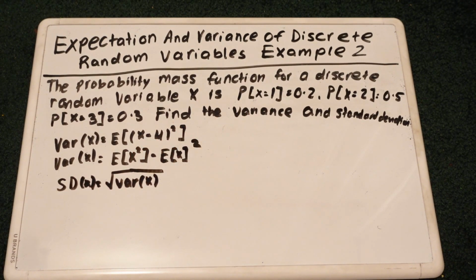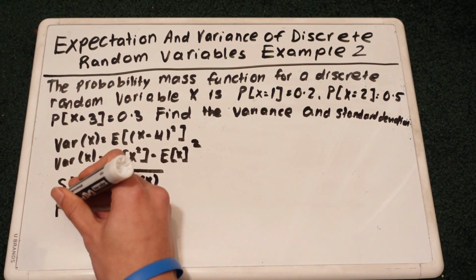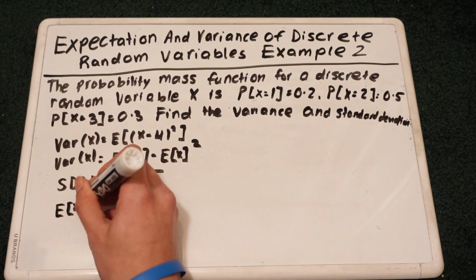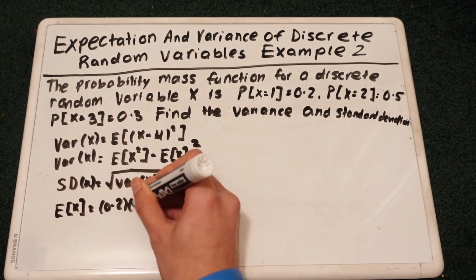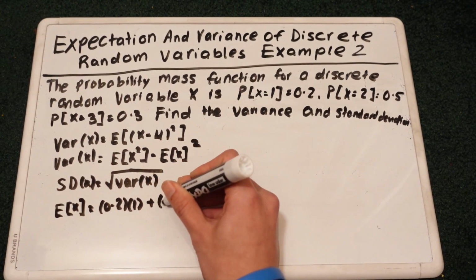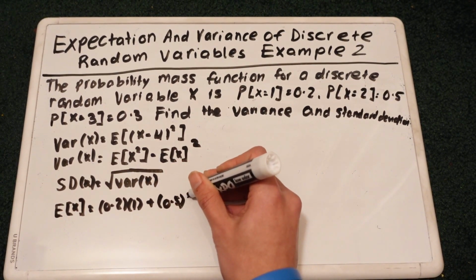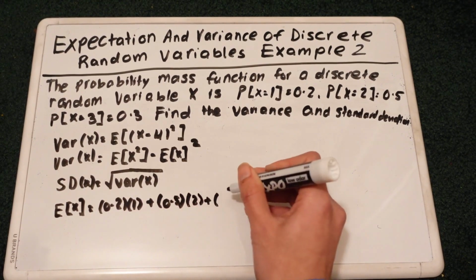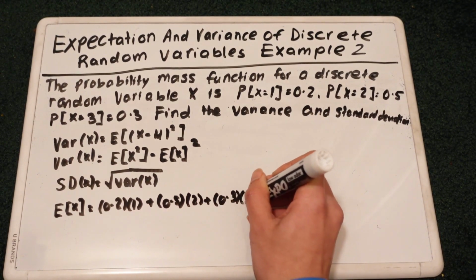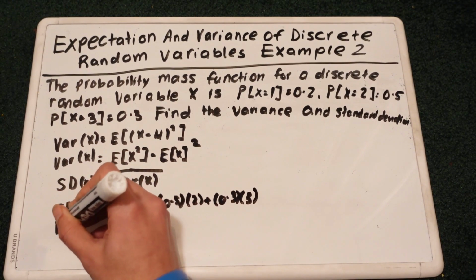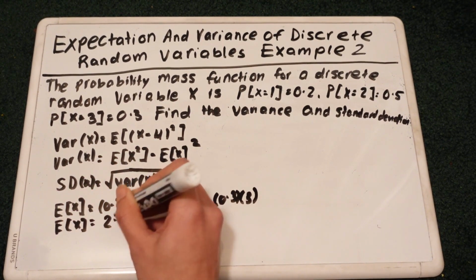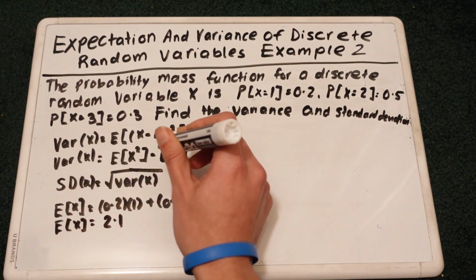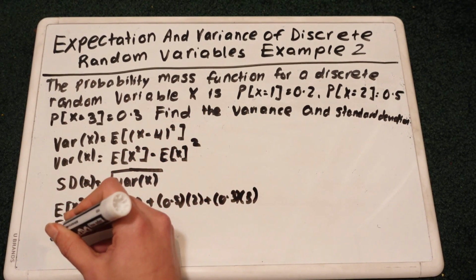So first we need to figure out the expectation. Let me write down E[X]. It would just be 0.2 times 1 plus 0.5 times 2 plus 0.3 times 3, and this would just be 2.1. And now we have to figure out what E[X^2] is.